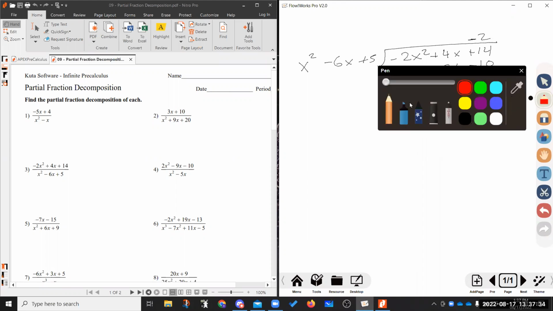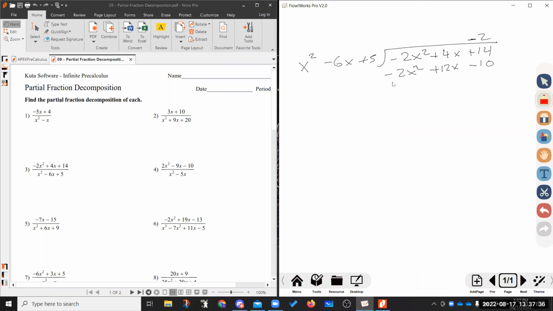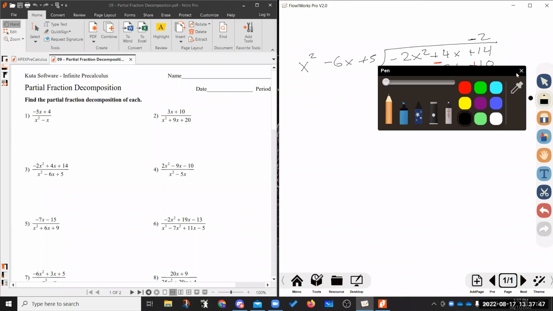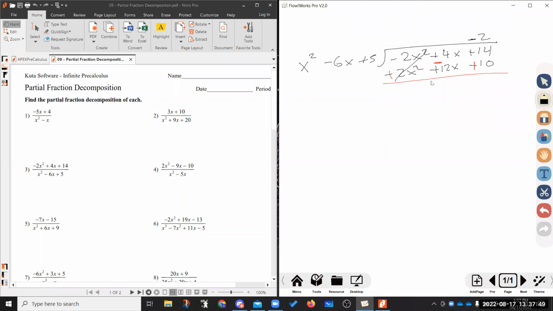I'm going to change my signs now and do that in red. Addition changes to subtraction. Subtraction changes to addition. So go back to black here. This makes a 0. 4 minus 12 is a -8. 14 plus 10 is 24.